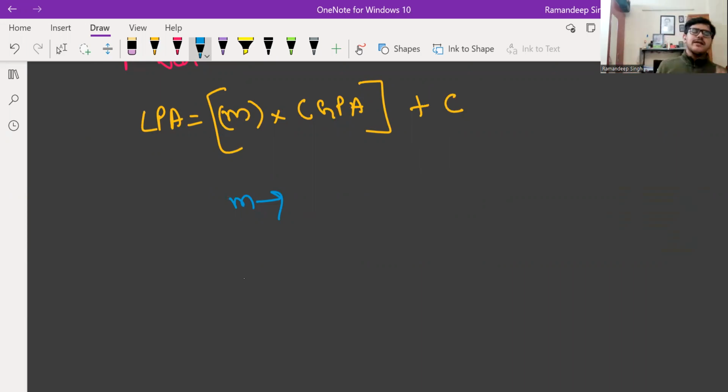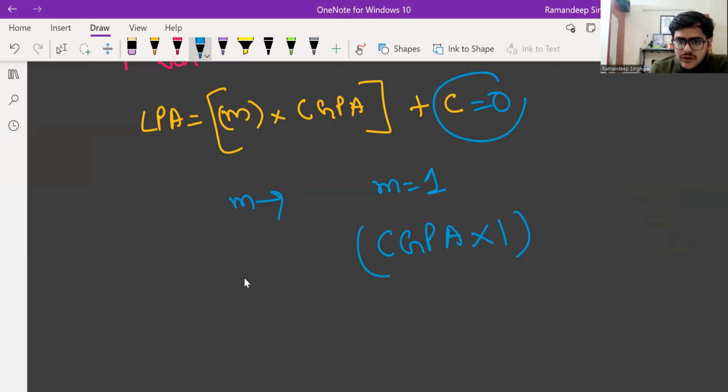I could not explain this properly, but the meaning is that when CGPA is multiplied by that factor, that gives the package the student is getting. So if this m equals 1, and let's say c equals 0 for now, then CGPA of a student into 1 is the package the student is getting.